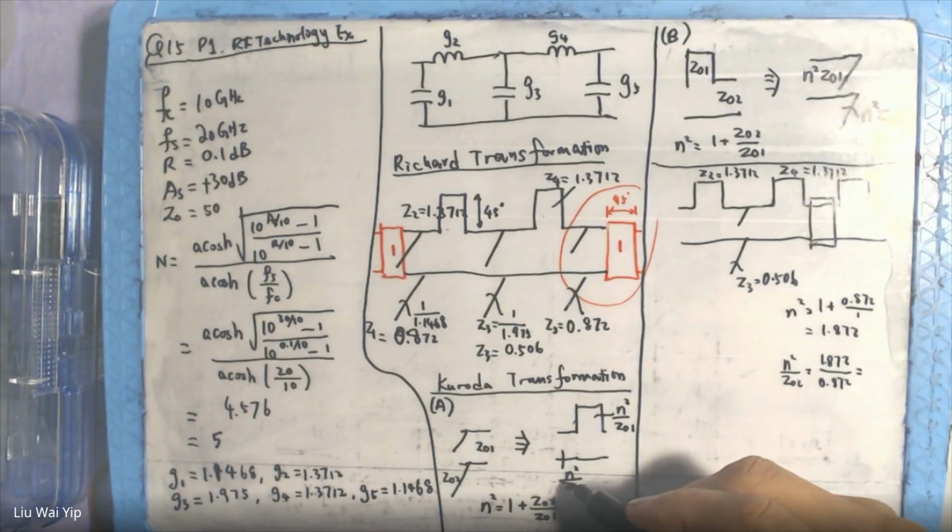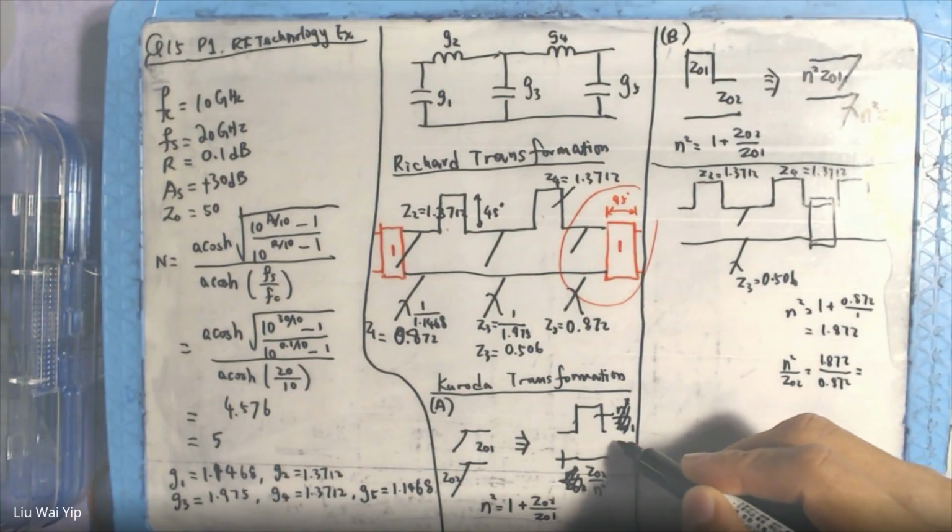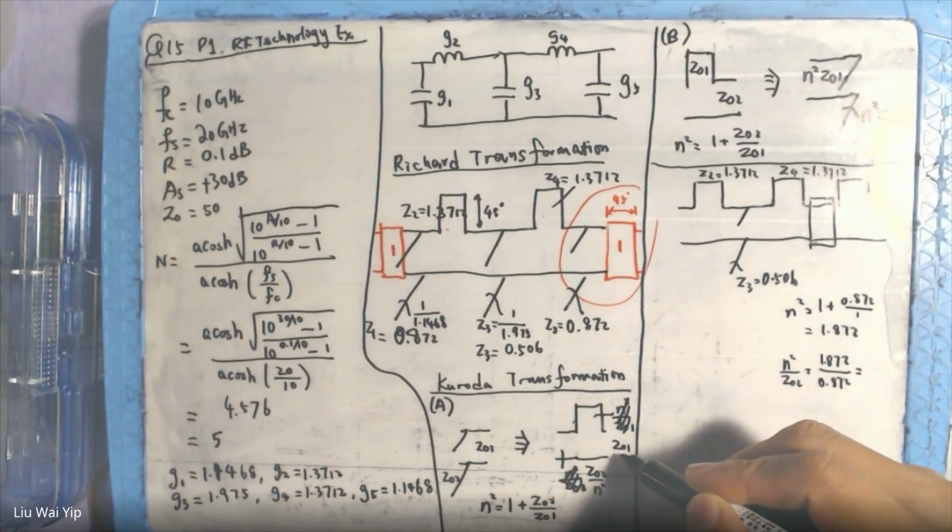This one should be Z02 divided by n square. This one is Z01 divided by n square.